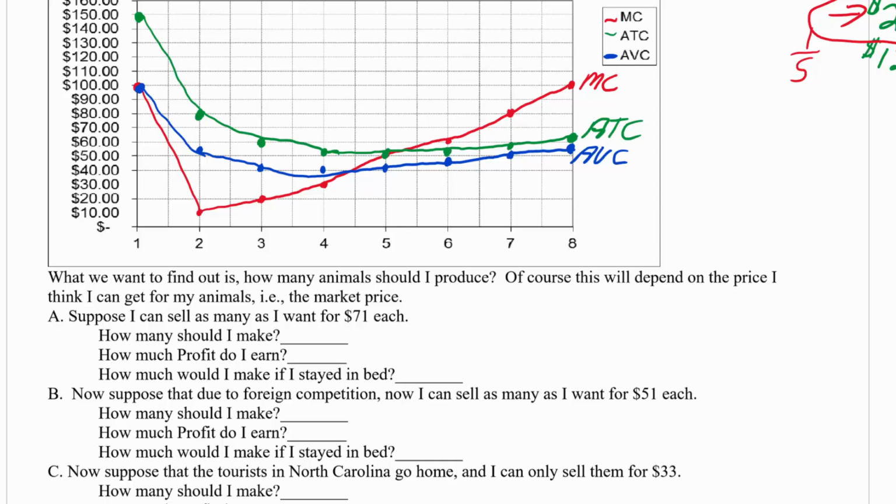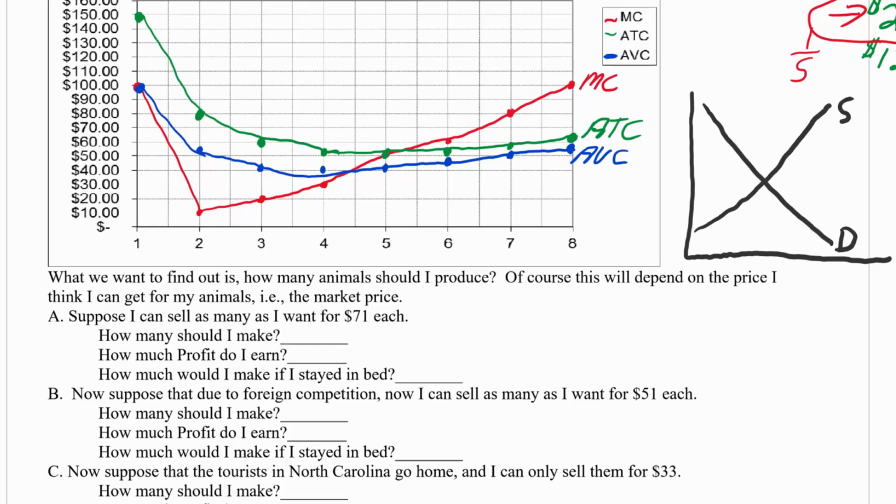So here's what we're talking about. We're assuming that these costs we're talking about are the costs for one business, one supplier out of many suppliers out there in the market. And there's a demand for what we're selling, and we are one of many suppliers out there in the marketplace.